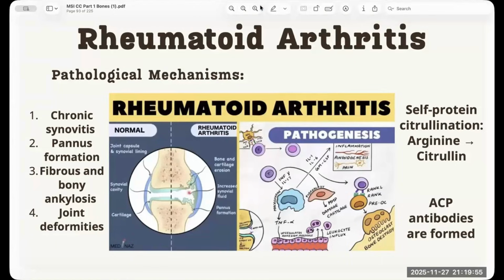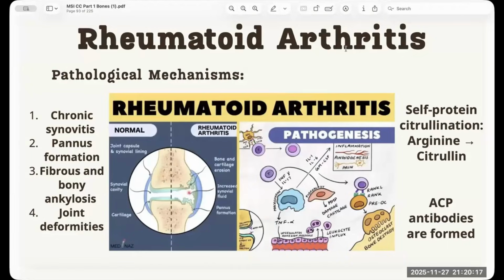Now, these environmental factors will trigger rheumatoid arthritis. How? When this happens, there will be a mutation in the DNA from arginine to serine. Okay? This is called self-protein citrullination. Okay?